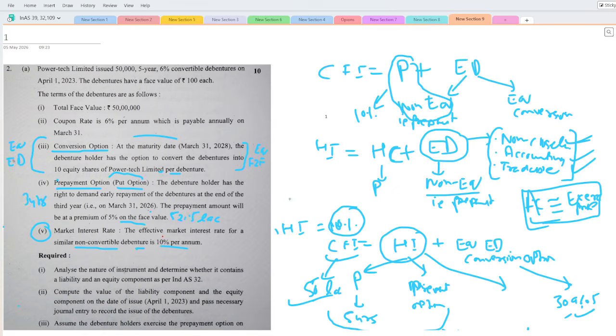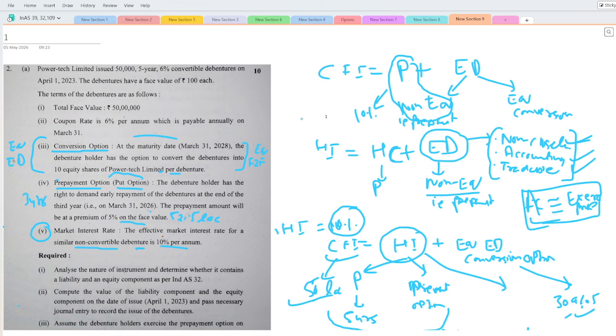The non-equity is your prepayment option, that is a put option, non-equity because the holder gets cash. And the equity embedded derivative, because you are getting a fixed number of equity shares. So two types of embedded derivatives are there. Please refer to my previous video on the CFI, where I have explained in a very detailed manner.